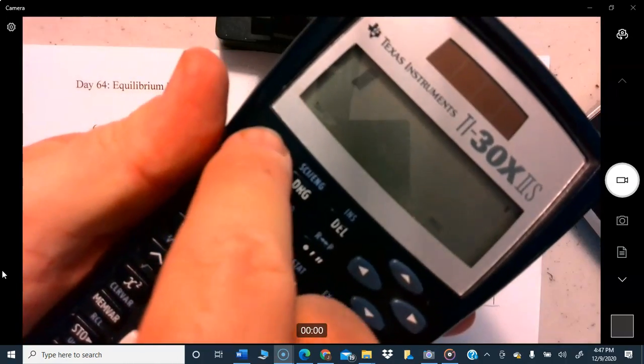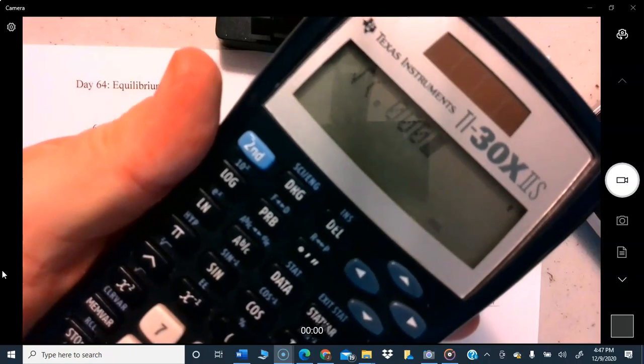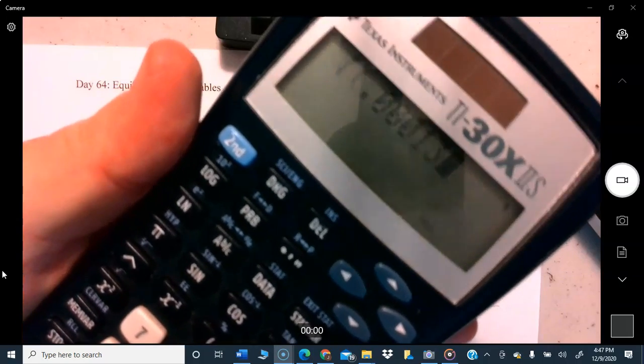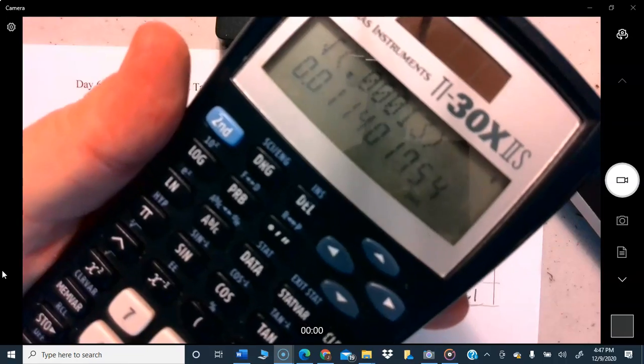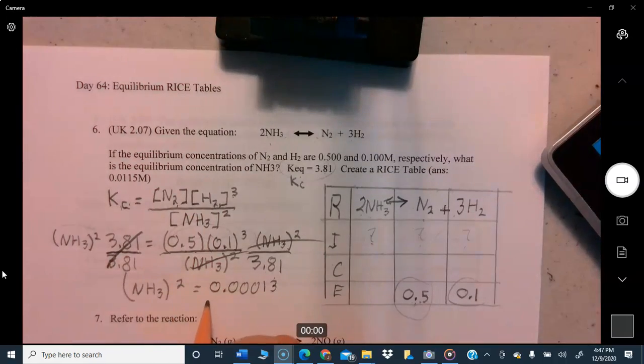Okay, second, and then x squared gives me a square root. 0.00013. Close the parenthesis, hit equal, and I get 0.0114. So the concentration of NH3 equals 0.0114, and don't forget the unit of measure, that's molar. Okay, and that's your answer right there.